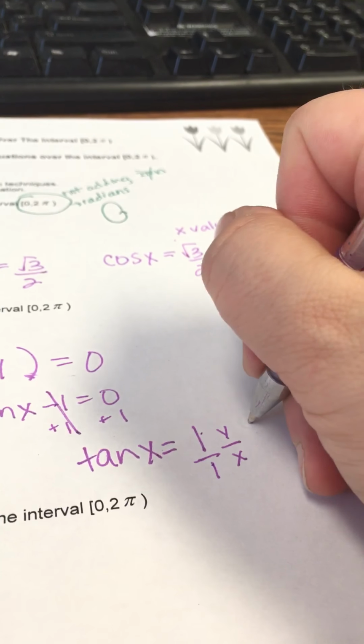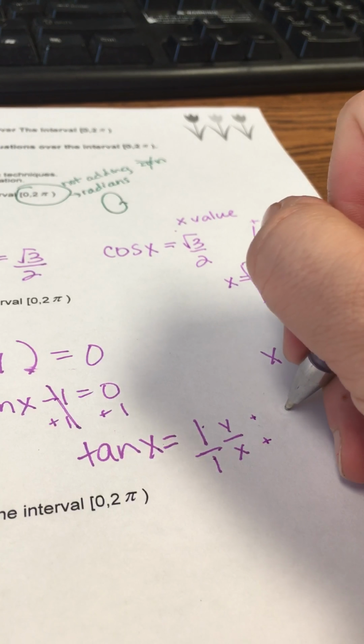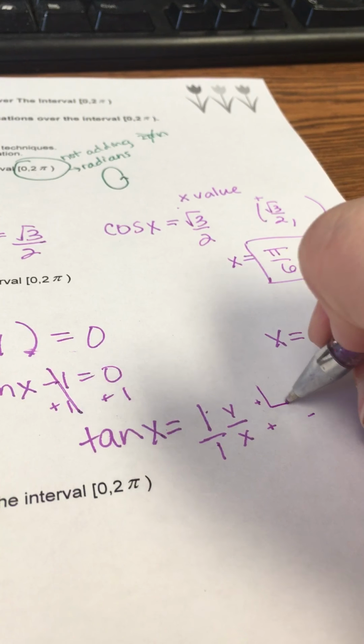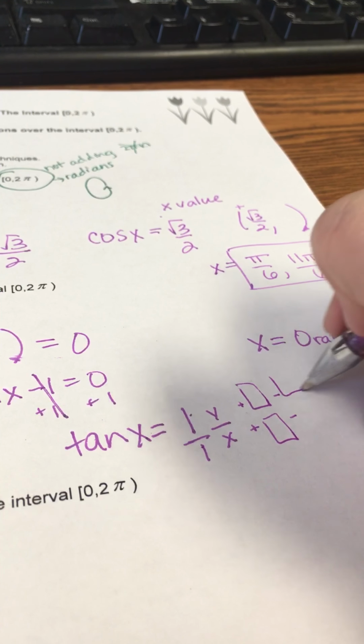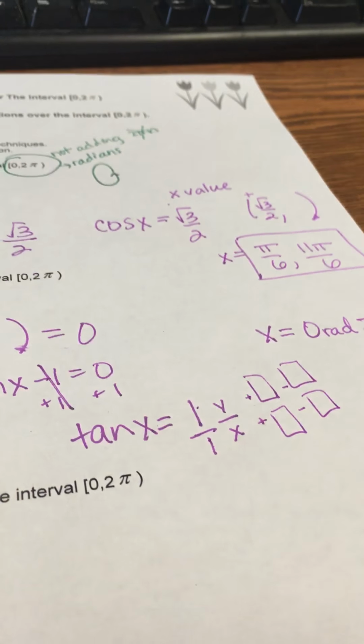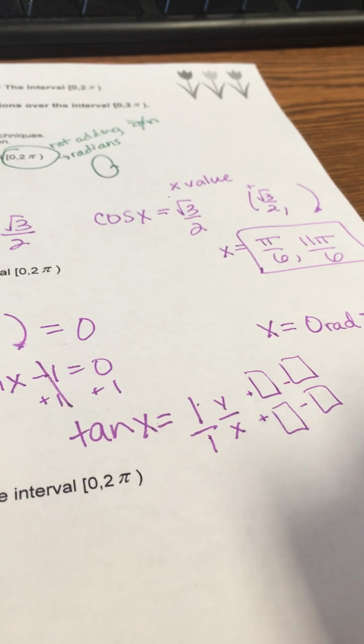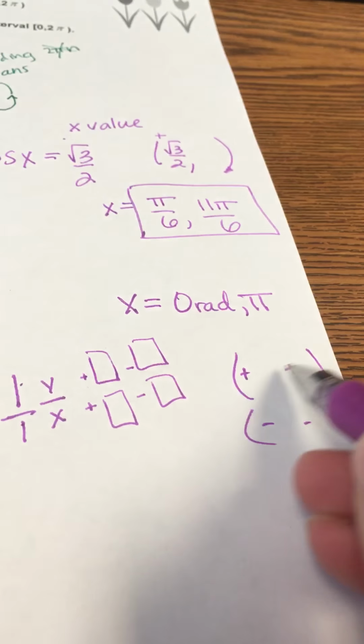So it's either going to be a positive x and a positive y, or a negative x and a negative y. And I want the same thing on top and on bottom. So when you order pair, you want them to both be positives or both be negatives, but you want the exact same thing to be for the x and for the y.